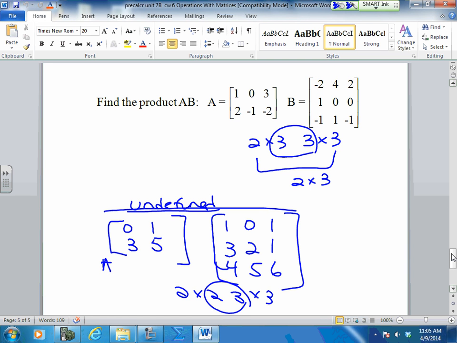Think about corresponding parts. And before you can do your multiplications and your additions, make sure they're the same or that they go to the multiplication rule.